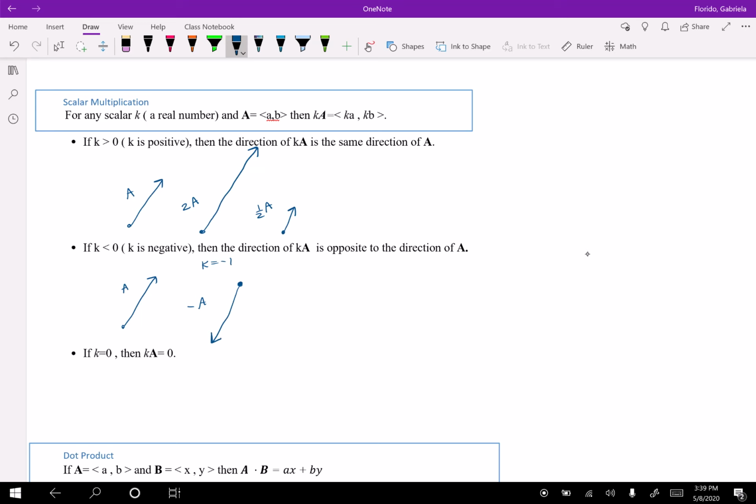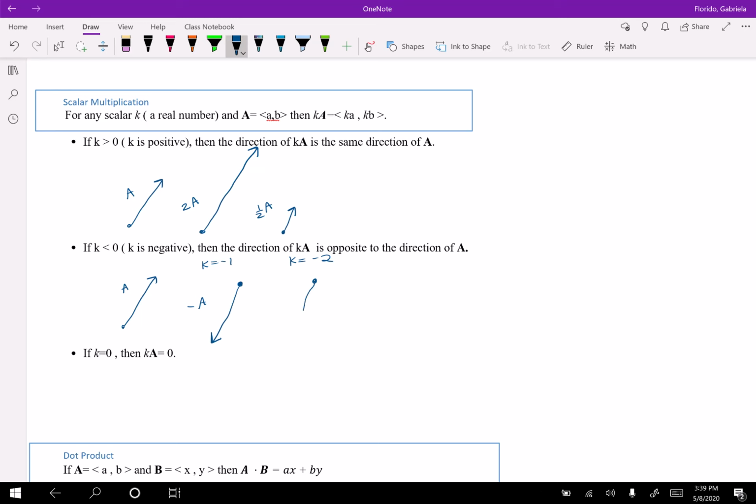But if I multiply it by, let's say, k is equal to -2, then not only is it going the opposite direction, but I'm also modifying the magnitude. It's going to be double, but in the opposite direction. It's actually going to be a little bit hard to draw this one because I drew vector A so large already.